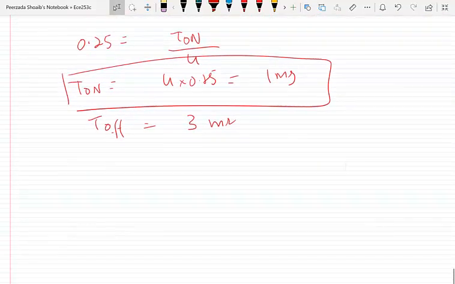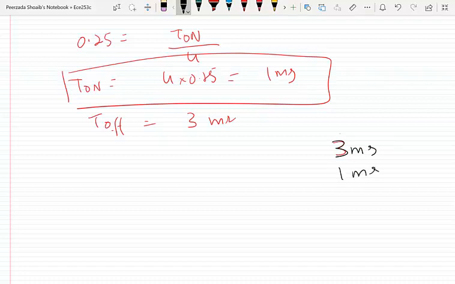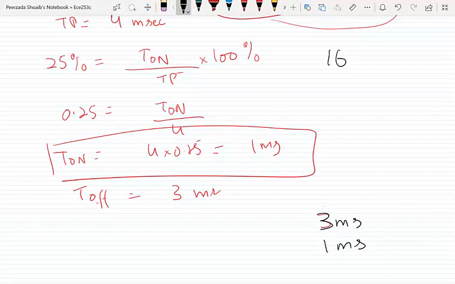I have to generate 2 time delays in this program: 3 milliseconds, and also 1 millisecond. It's given that the crystal frequency is 16 megahertz.